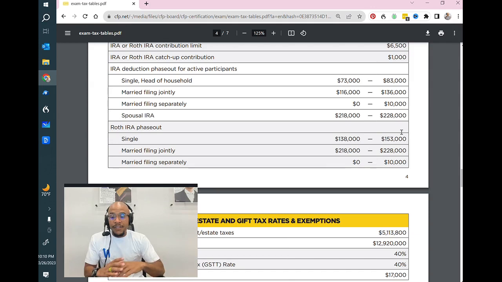So maybe instead of the traditional $6,500 limit, they would be limited to $3,000 or $2,000 or $4,000. But if their modified adjusted gross income falls within this range, they're basically saying the amount that you can contribute is reduced. Now, if it goes above $153,000, you can't contribute at all.